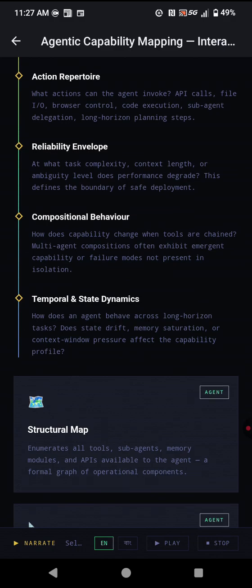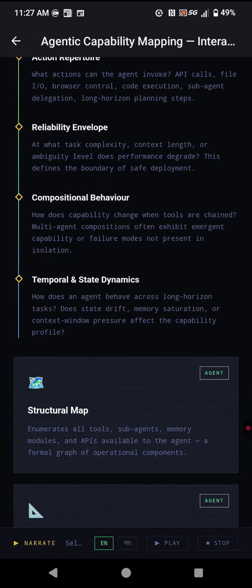Reliability envelope: at what task complexity, context length, or ambiguity level does it perform well, or when does it perform worse, those things. Compositional behavior: how does capability change when tools are changed?